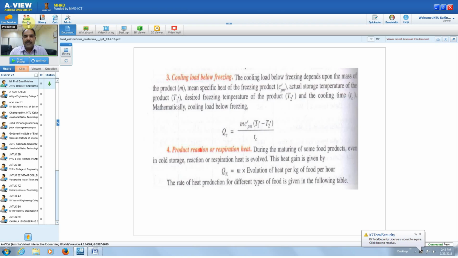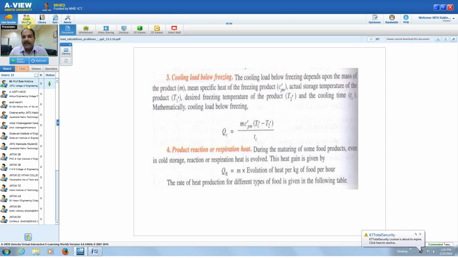And then the fourth one is the product reaction or respiration heat. During the maturing of some food products in cold storages, reaction or respiration heat is evolved.